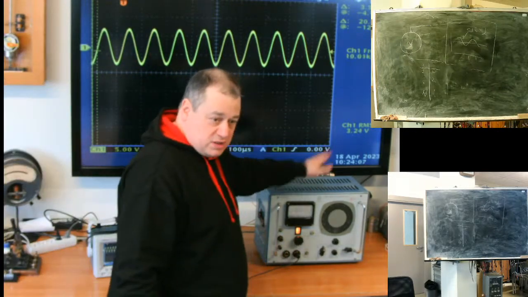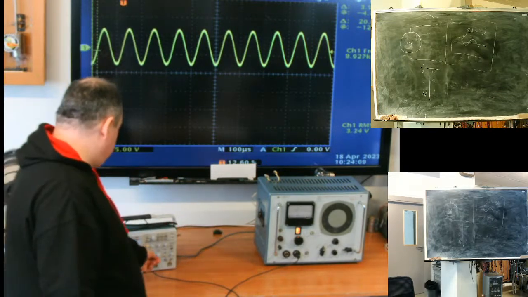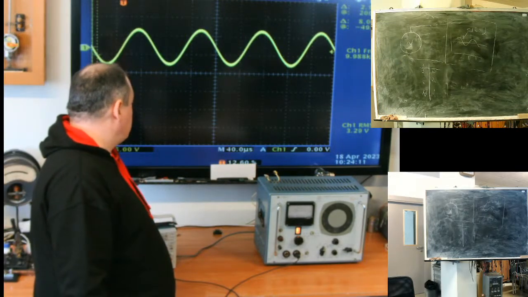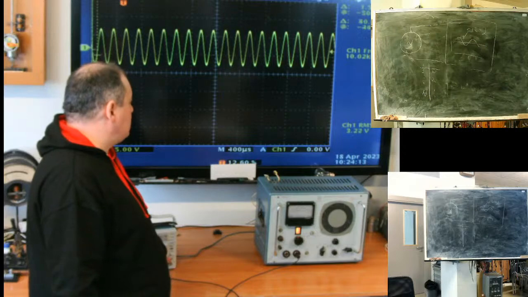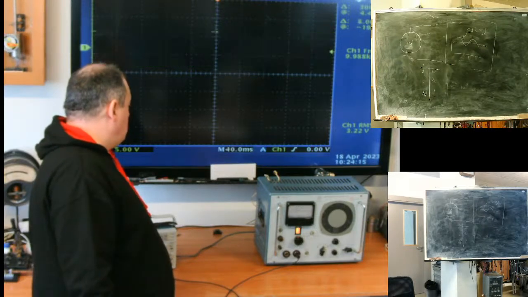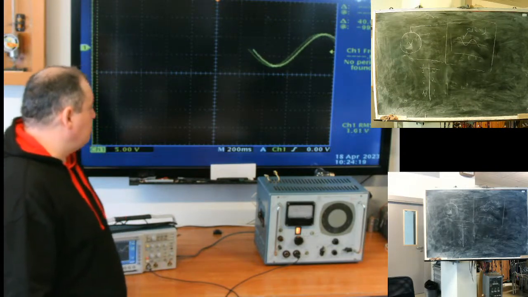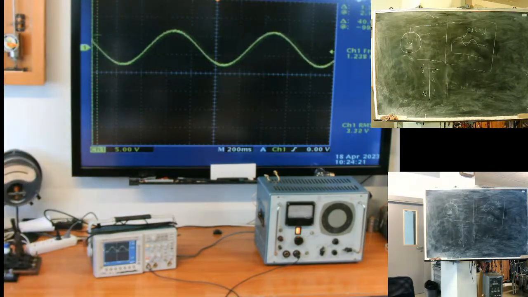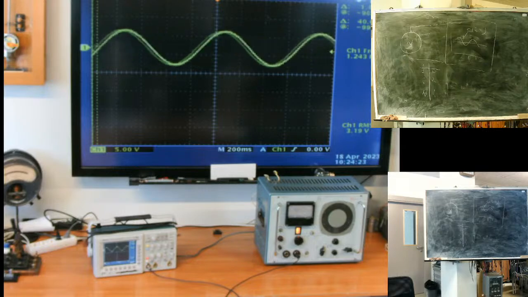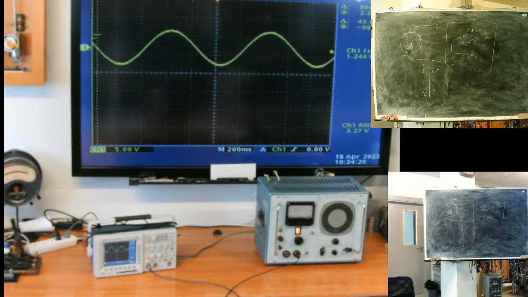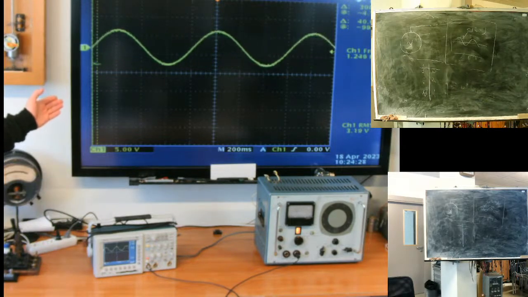What is the generator showing? Previous: a nice sine, 10 kilohertz. Nice sine, but 1.2 hertz. What's going on? You see, something is definitely wrong.